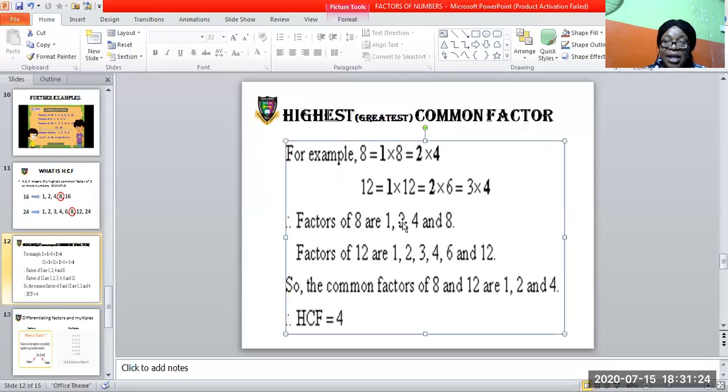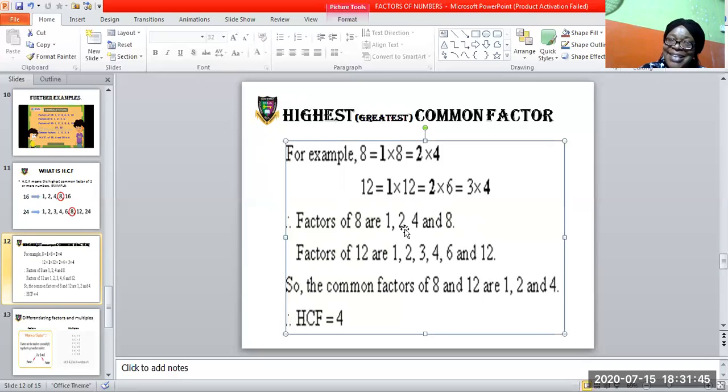There is 2 in 8, there is 2 in 12. The factor number 4 is also in number 12. Do you understand? So 1, 2, 4 are the common factors of 8 and 12.